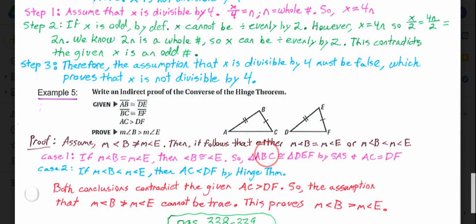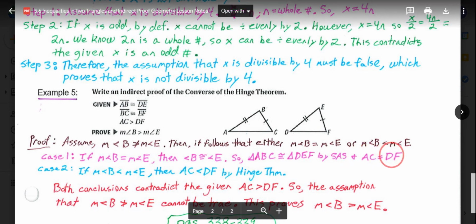So that would mean triangle ABC is congruent to DEF by side angle side, and that would say that side AC is equal to DF. Well, according to our given, AC is greater than DF, so that's a contradiction.